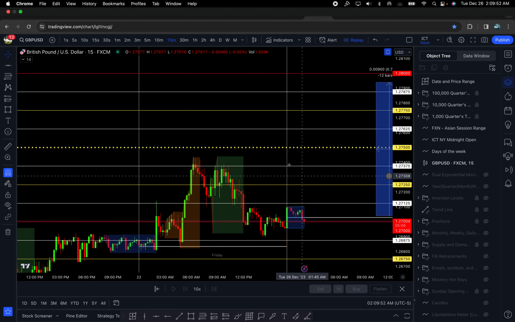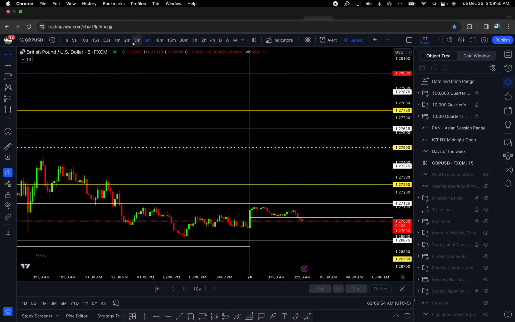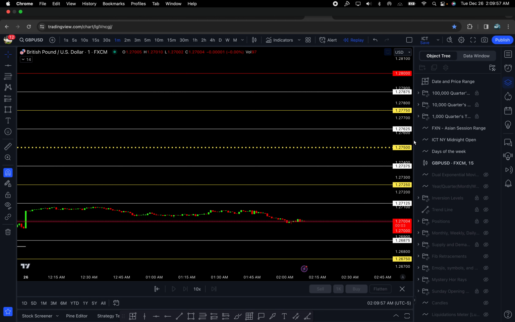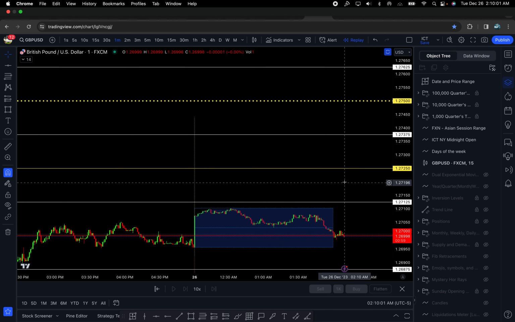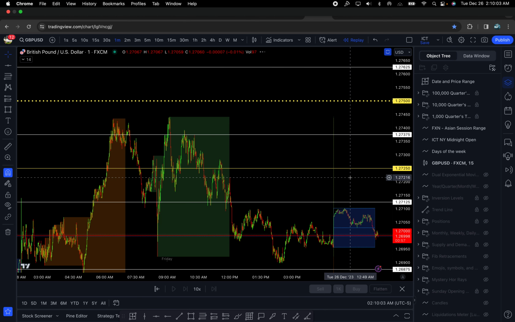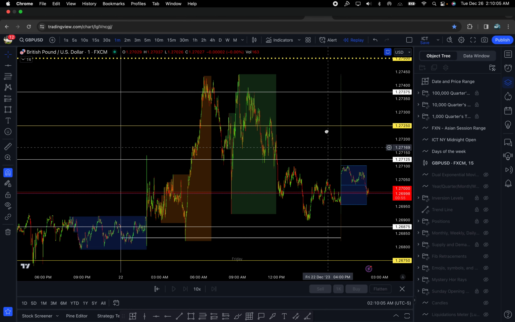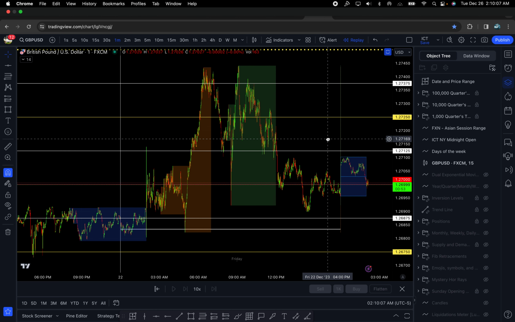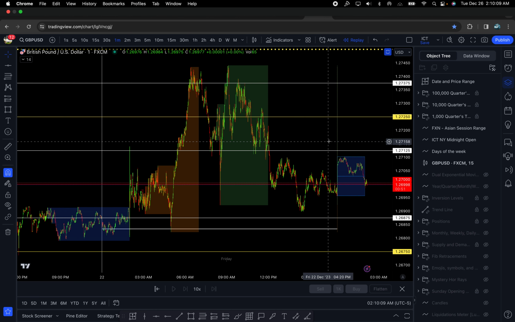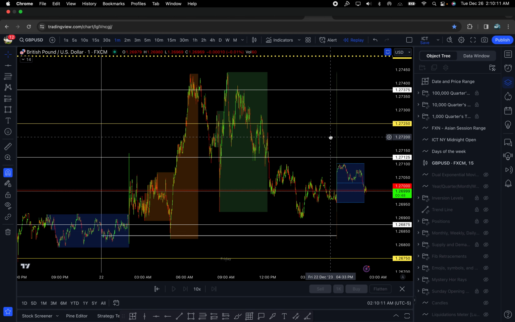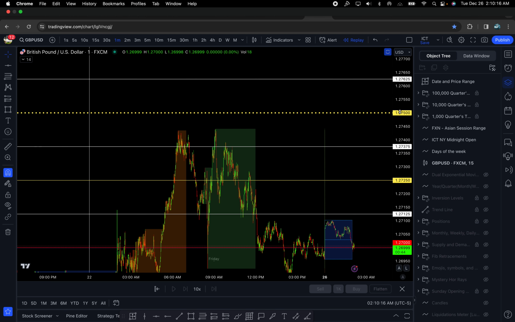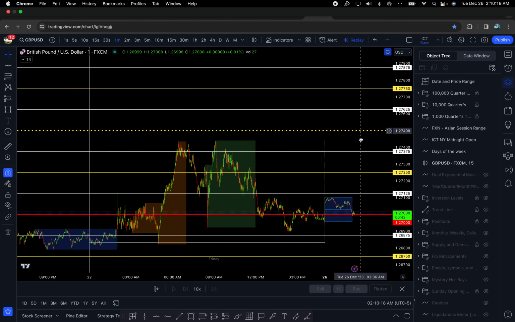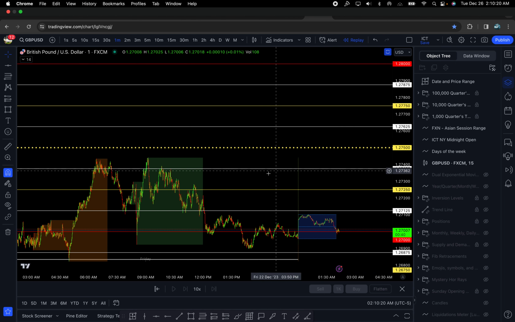You don't need to go any further, even if you're trading on the 1 minute and stuff. It's all you need. It's all you need.